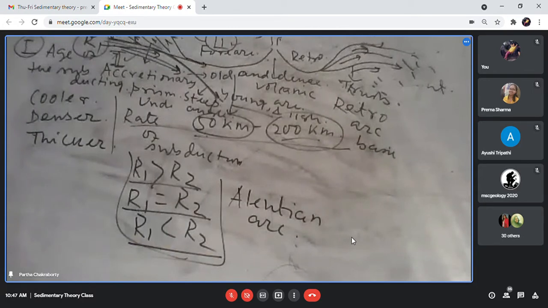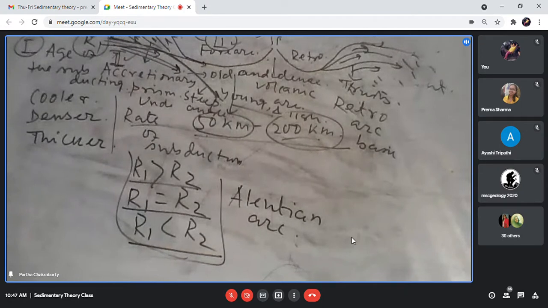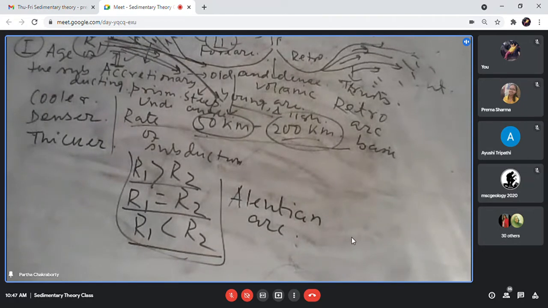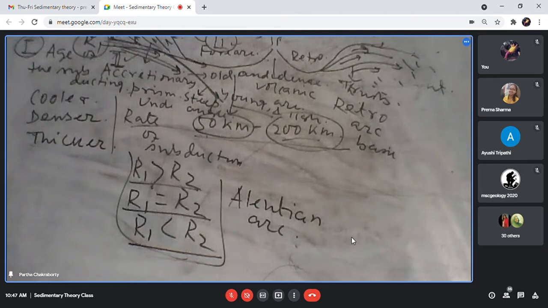Isn't it? Now, when the rate of convergence is high, but the rate of subduction is not high, then what will happen? The downgoing slab will actually obstruct the convergence of the overriding plate. If it obstructs, then at the back there will be a compressional regime, or the formation of a retro arc.